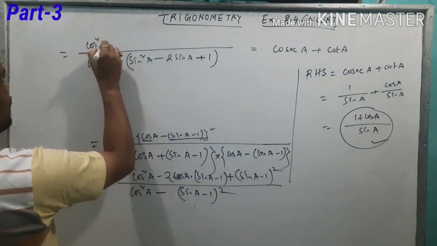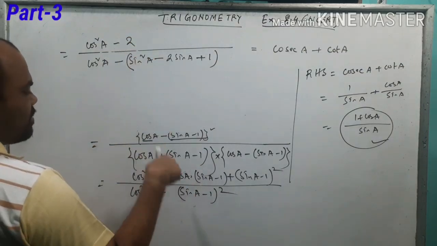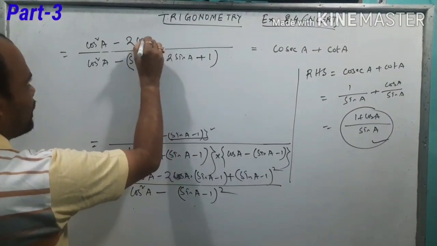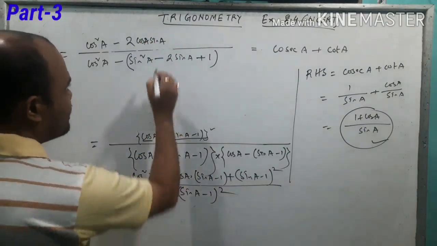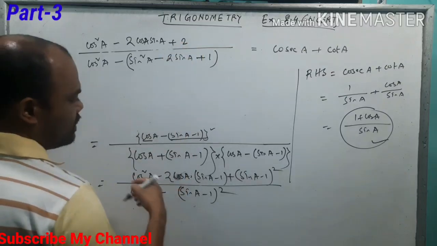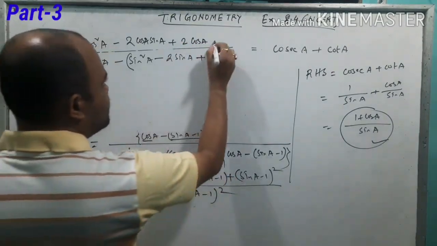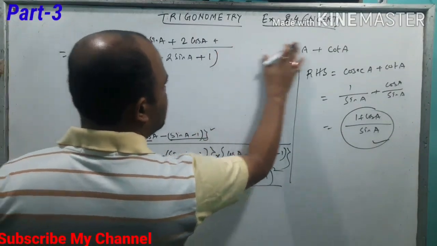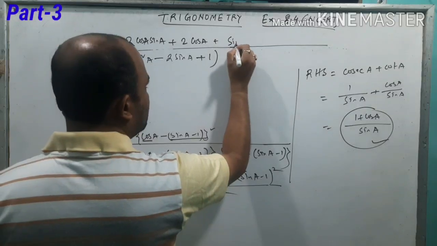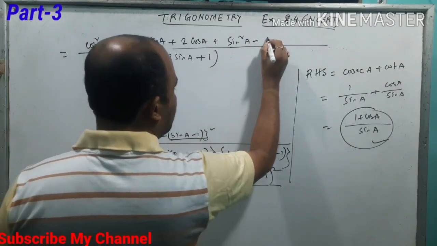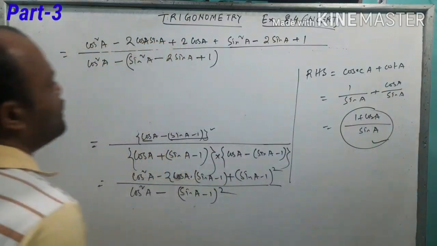Here it is cos square a minus 2 multiply by this, 2 cos a, so it will be minus 2 cos a sin a, minus minus plus 2 cos a. Plus here see, it is (a minus b) whole square, a square minus 2 sin a, as done in the numerator part, 2b plus 1.